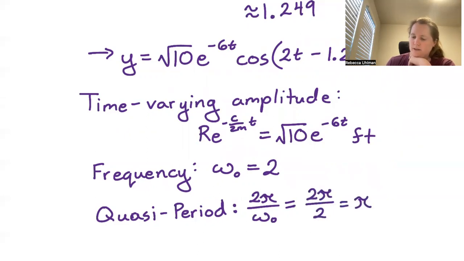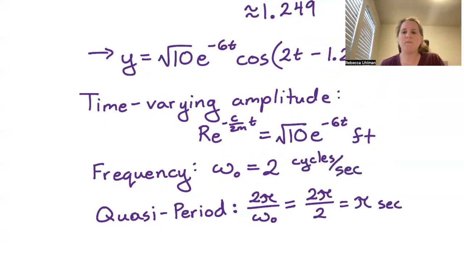The quasi period is in seconds. The frequency is cycles per second. So again, essentially we have our exponential decay on our sort of amplitude for our oscillations, but we do have oscillations going on. So this is just a little more detail in studying what is happening in that underdamped case.